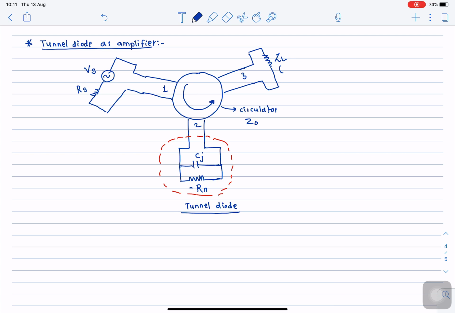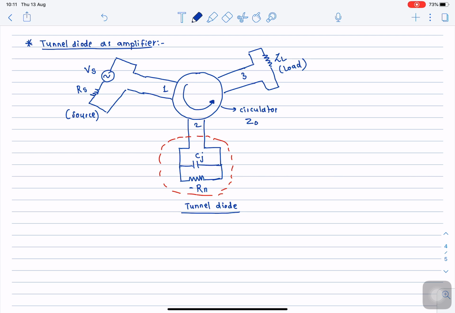So this is a load. Port number 1 is connected to the source whose signal we want to amplify, and the tunnel diode is itself connected in port number 2 of the circulator. So how will this operate as the amplifying device?